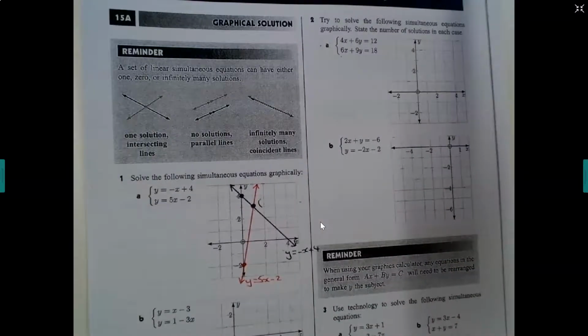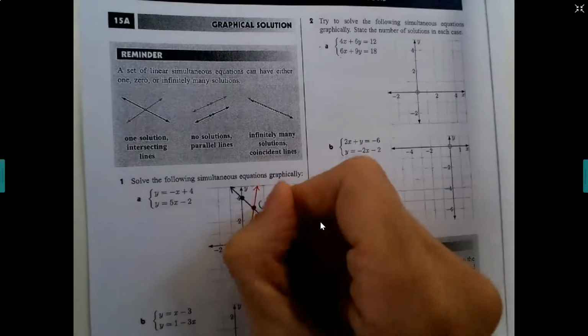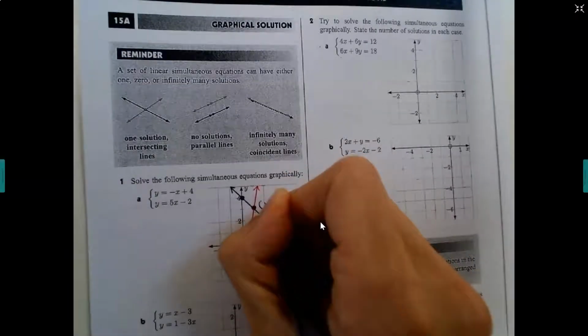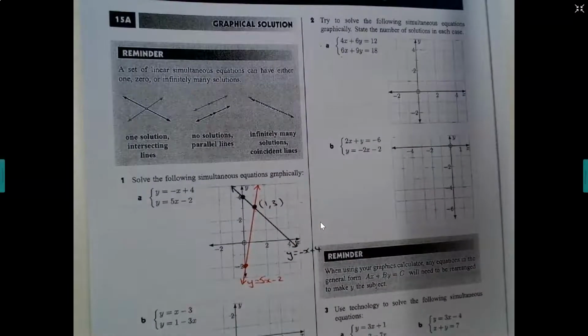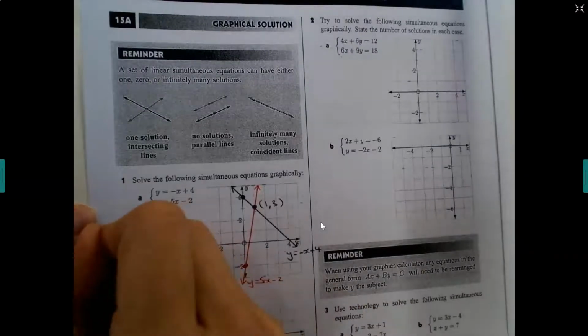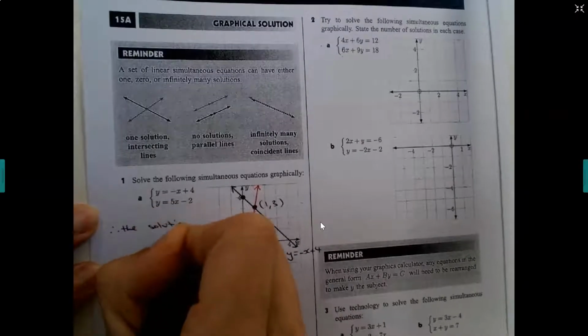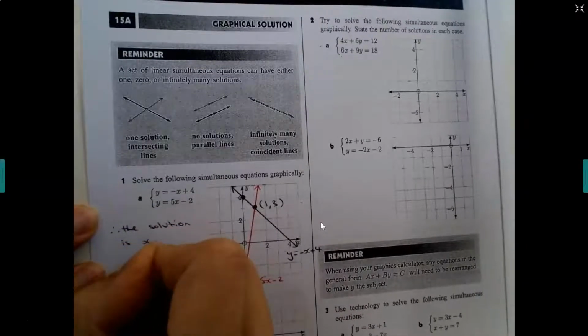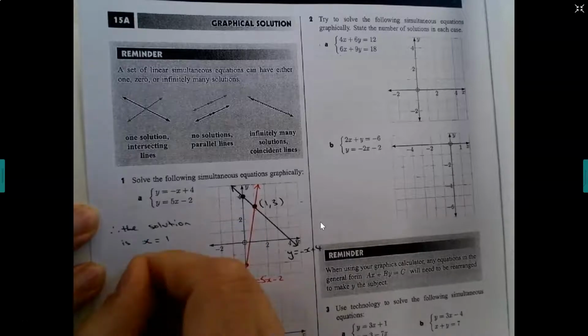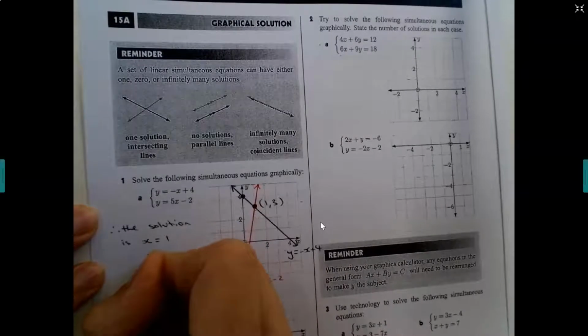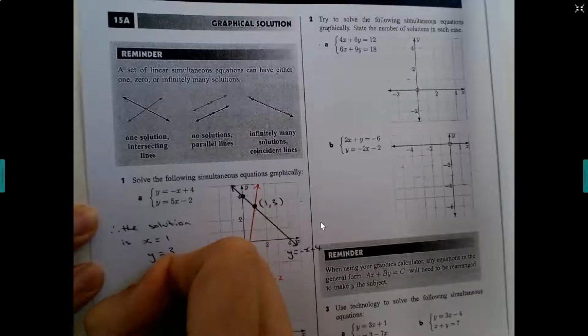What are the coordinates of that point? 1, 3. So therefore, the solution is x is equal to 1, y is equal to 3.